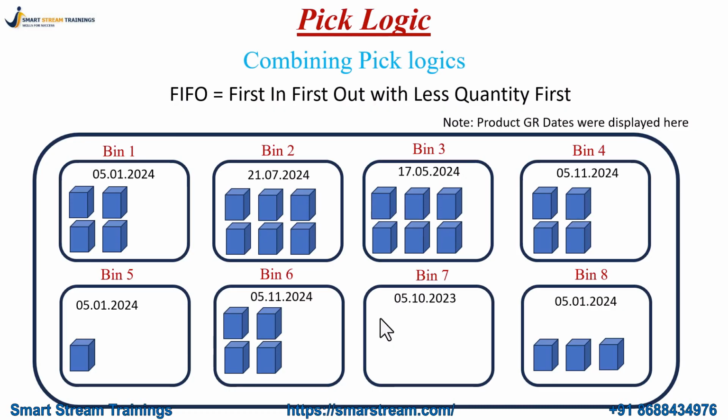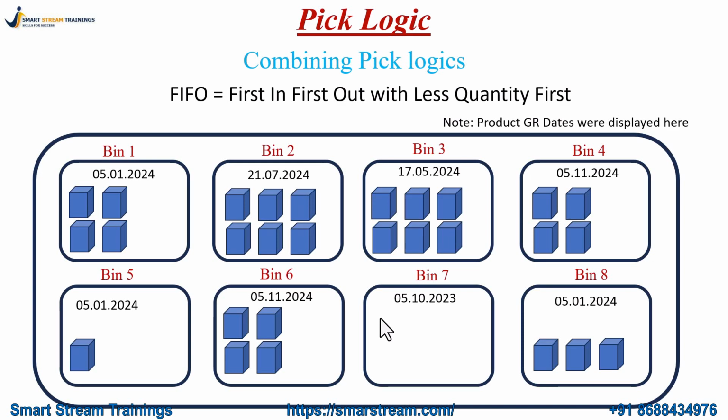Next we can see the dates in 2024, the fifth month and the 11th month, and the next date we can see is 5.1.2024. But here we can see three bins with the same date: bin 1, bin 5, and bin 8.